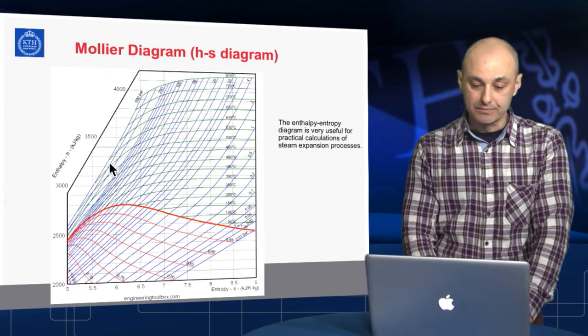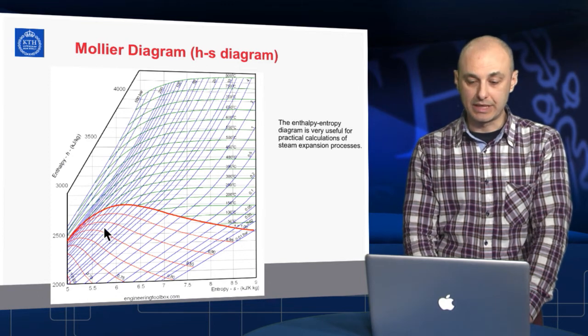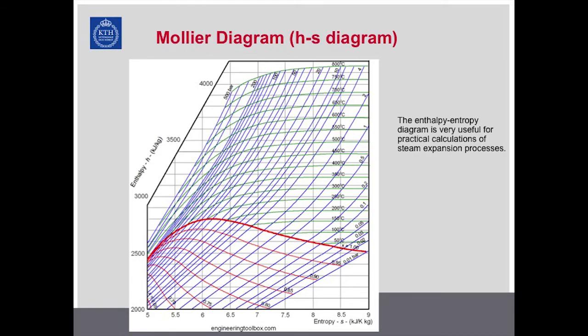And here it is. The saturated steam line in red and all the areas around it. A bit below, which would be wet steam, whether boiling or condensing, and a bit above, which would be the superheated steam, within a certain range of temperatures.